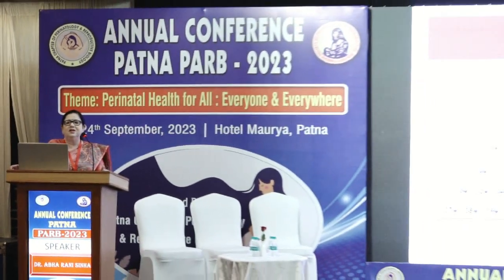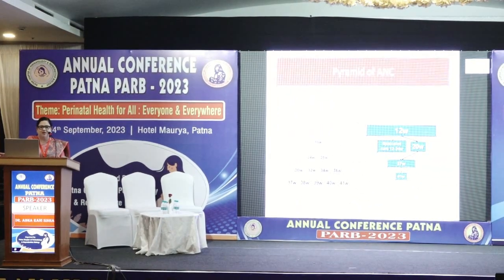We all know the objectives and aims of ANC, that is to screen the high-risk cases, to prevent, detect or treat at the earliest any complication, and to ensure continued medical surveillance. Before that, this was the pyramid, the old model which we were following when we were MBBS students or doing our post-graduations, when we were giving more and more emphasis to antenatal care in the last 4 weeks of pregnancy.